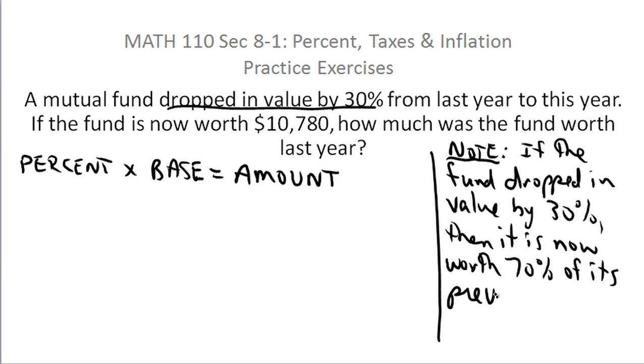Now this is important, because if the mutual fund dropped by 30%, what you really want to be thinking is that it's only worth 70% of what it was.